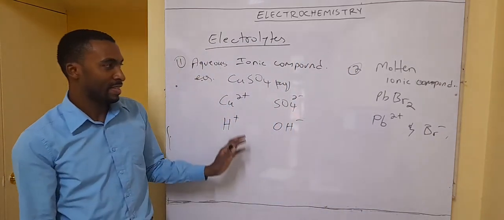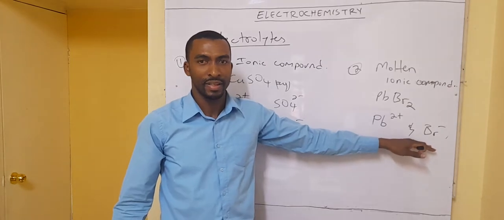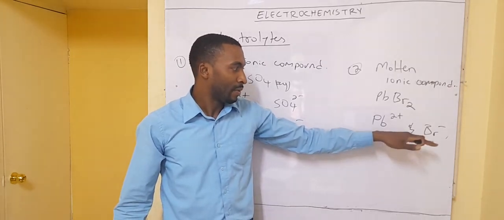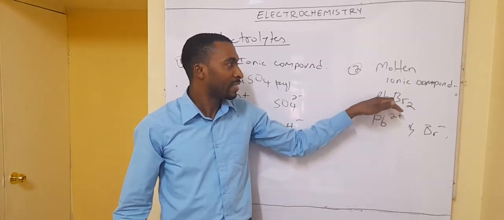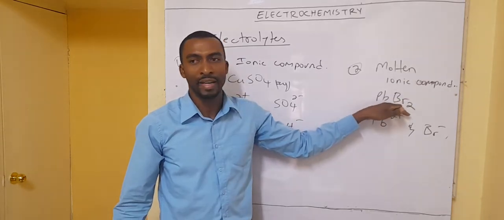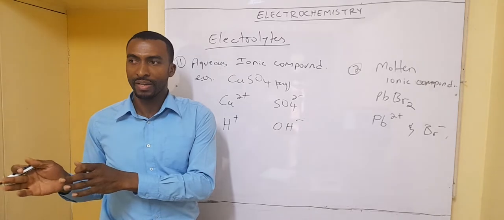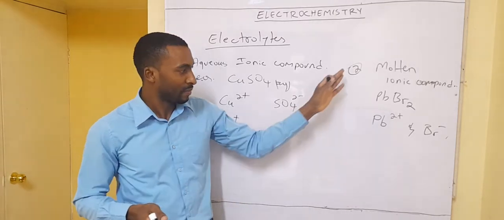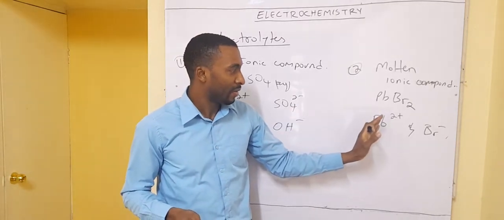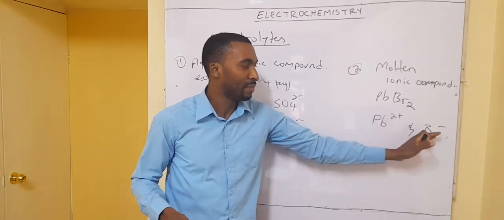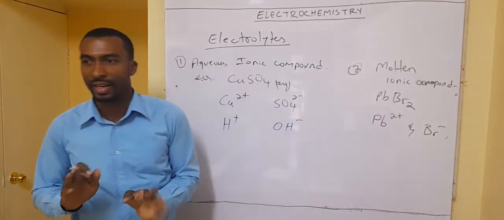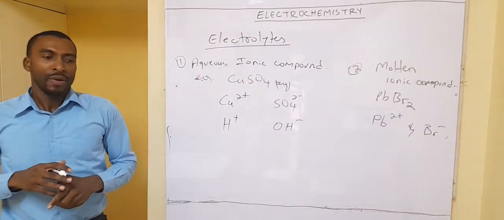Right? So as you can see, if we are supposed to do an electrolysis with molten ionic compound lead bromide, we wouldn't have any issue in which ion should go to the anode and which should go to the cathode. It would be only lead and bromide ion that can go to the anode or the cathode, right?